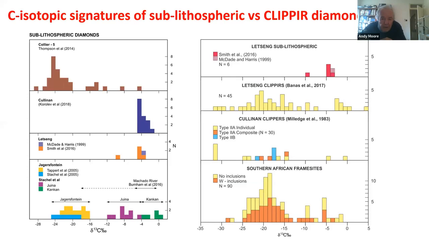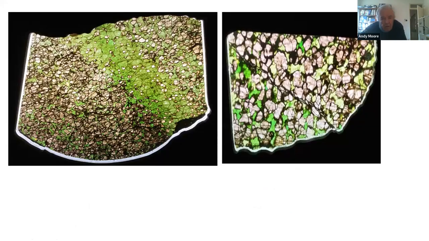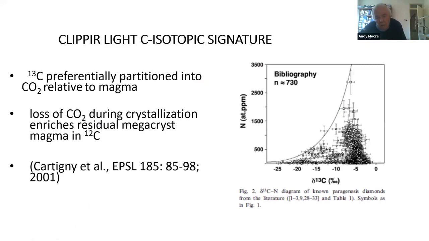Whereas with the Framesites, there's such a parallel between the Framesite diamonds and the Clippers. And then, of course, one of the reasons for light isotopes is that you've got subducted material. But Cartigny has for a long time argued, and I don't think the two models are exclusive, that if you have fractionation of a magma in the mantle, you'll lose CO2, which will take off the heavier isotope, and the diamonds will progressively become lighter.